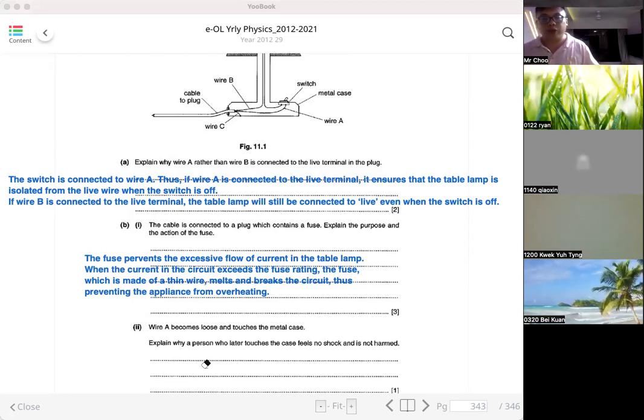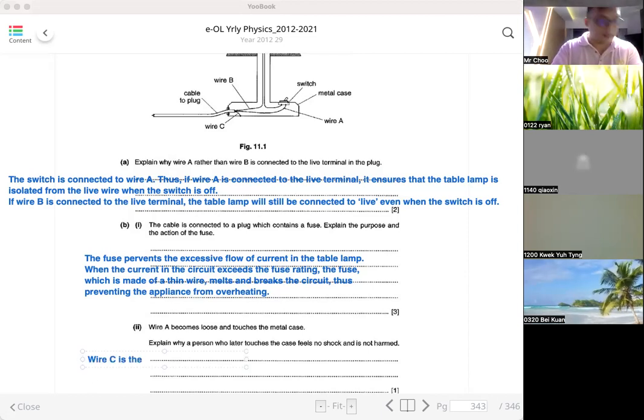When we touch a metal casing that is connected to the loose wire, the metal casing is actually live, for example. So why would our hand not get shocked? Because it's a 1 mark question, most of you can get it correct, but can you explain to me why?